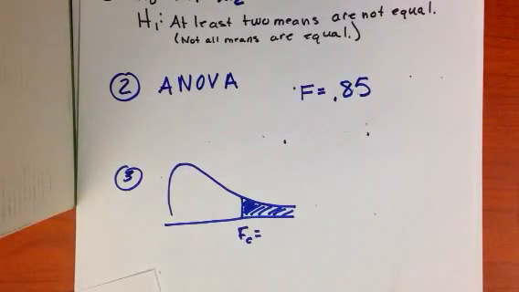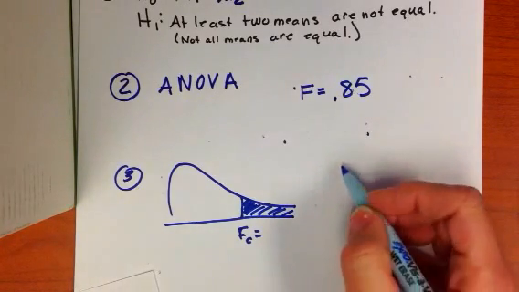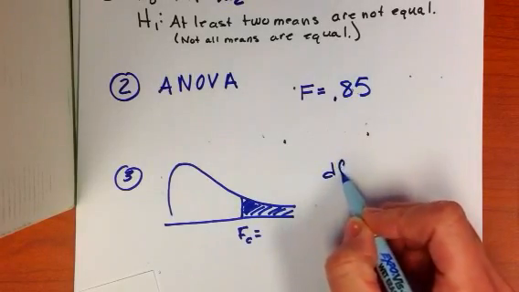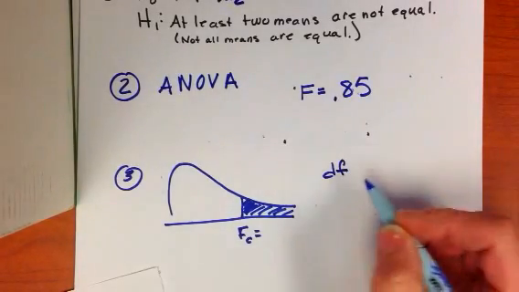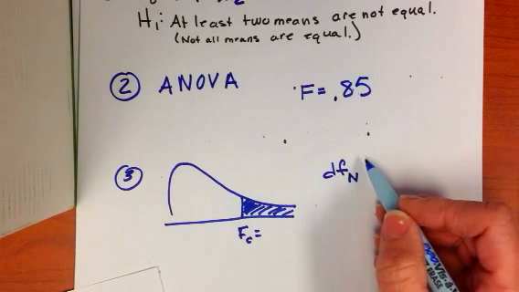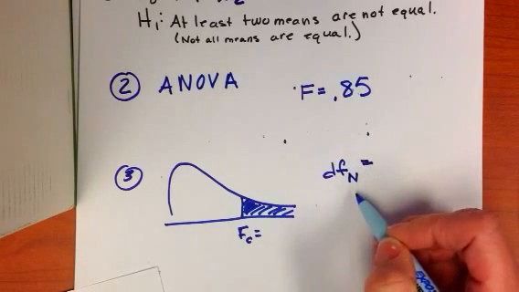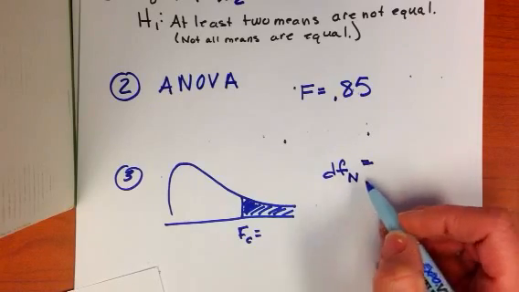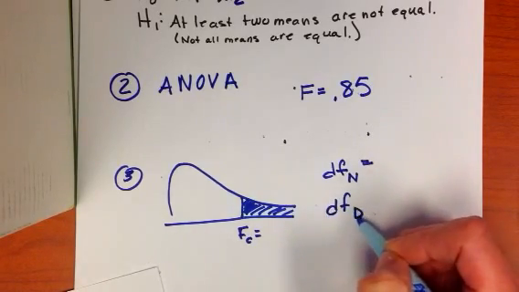We do need to look up our table. In order to do that, we need the degrees of freedom for our numerator and the degrees of freedom for our denominator.